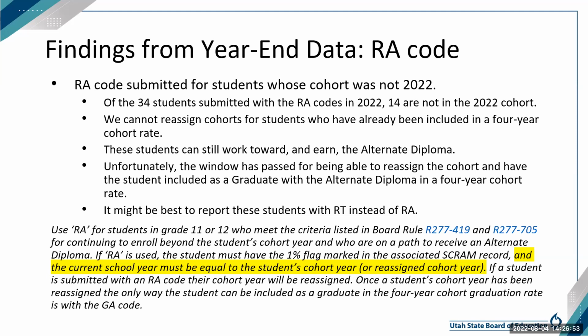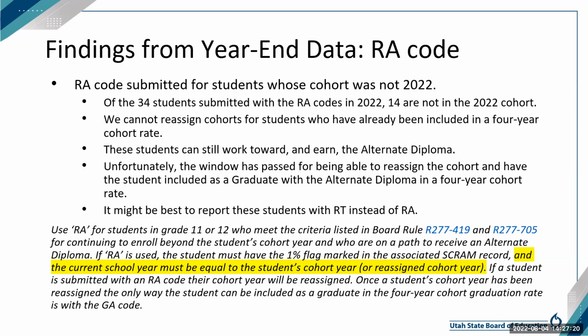These students can still work towards and earn an alternate diploma. Unfortunately, the window has passed for being able to reassign the cohort and have that student included as a graduate with the alternate diploma and adjust their 4-year cohort. And so in these cases, it might be best to report these students with an RT instead of an RA.